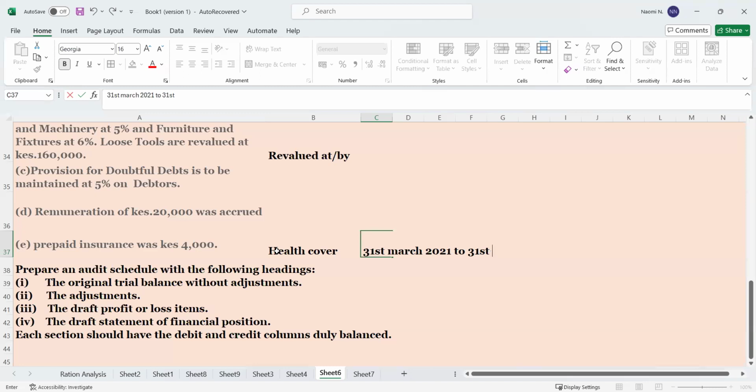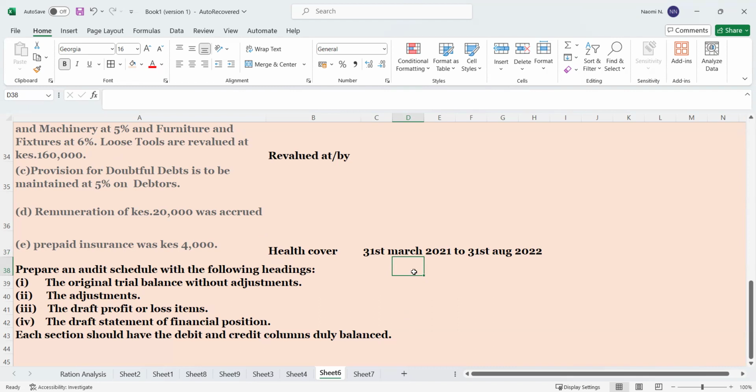We covered it till 31st August 2022. Mark you, the examiner has told you that for this book, the year ends at 31st March 2022.